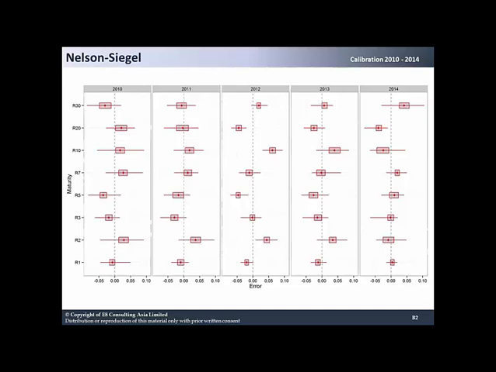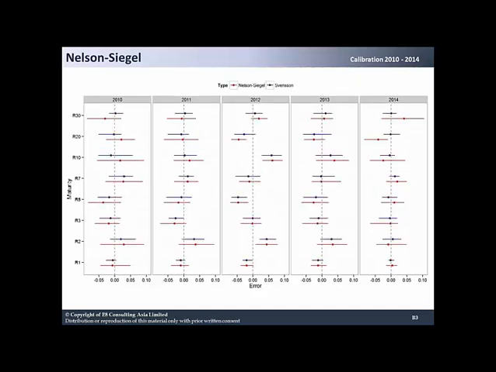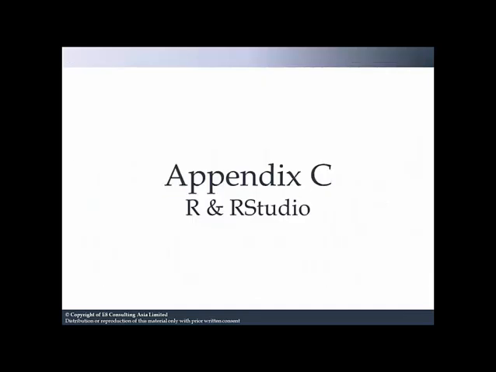We can then also compare to another model called the Svensson model, and then see exactly which model has the smallest errors in given years. All this can be done very quickly in R, given the pre-built packages that are available, together with very strong and powerful visualizations. So what I'll do now is switch to some reports that have been generated by R, and that are actually reports that we can view in our web browser.